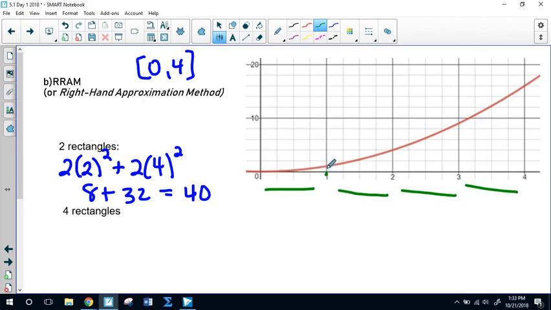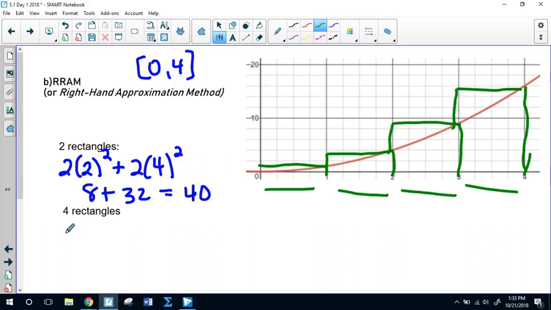The height of my first rectangle would be at x equals 1, my second at x equals 2, my third at x equals 3, and the fourth at x equals 4.